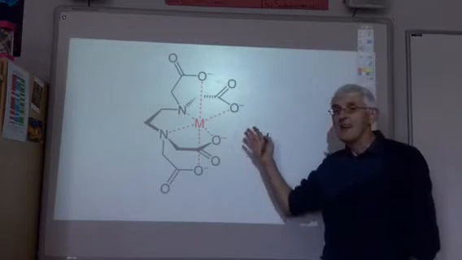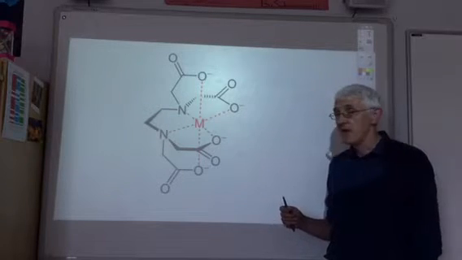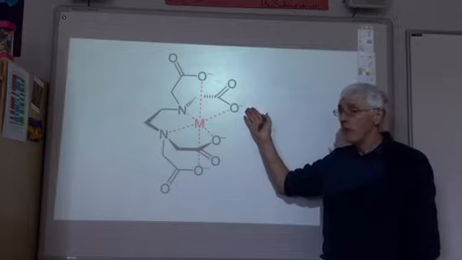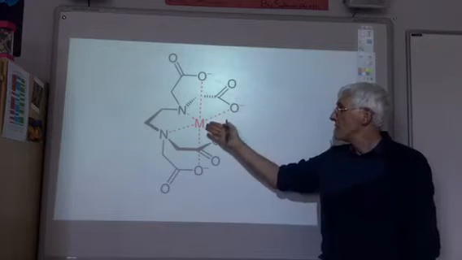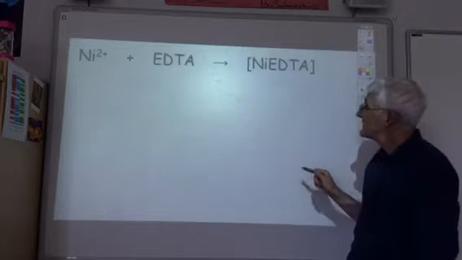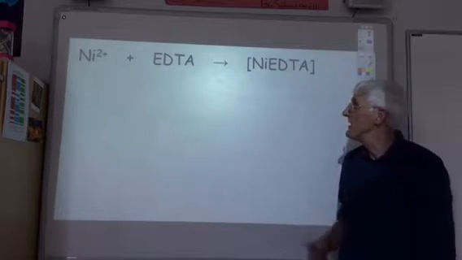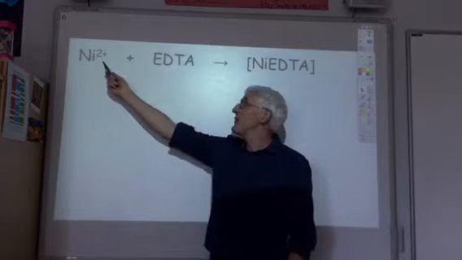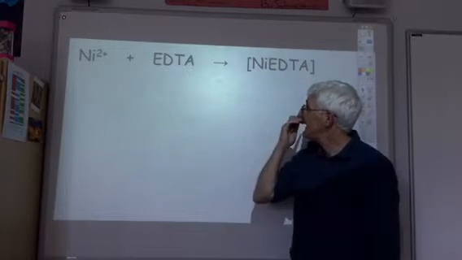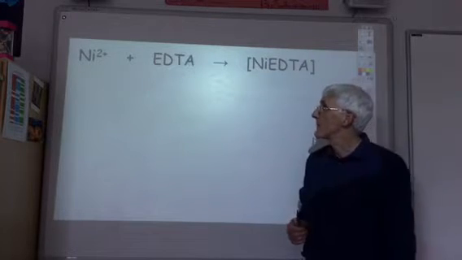So the nickel EDTA complex is octahedral in shape, and importantly the mole ratio is 1 molecule of EDTA to 1 nickel ion. So here's the balanced stoichiometric equation for the titration we'll be doing. It's simply 1 mole of nickel ions reacting with 1 mole of EDTA to form our nickel EDTA complex.